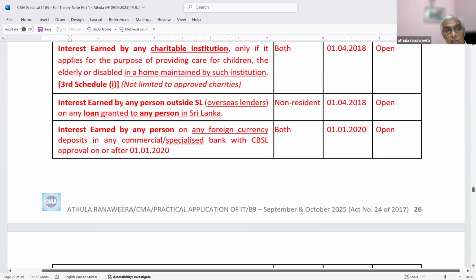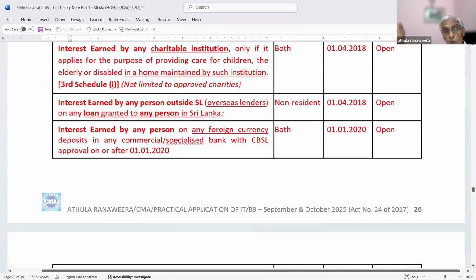Next, interest earned by any person outside Sri Lanka. Any person outside Sri Lanka, not earning from another country. A person outside Sri Lanka, right? Overseas lenders. That's why, as the wording in the law is not clear, I put it as overseas lenders' income by lending to Sri Lanka on any loan granted to any person in Sri Lanka.